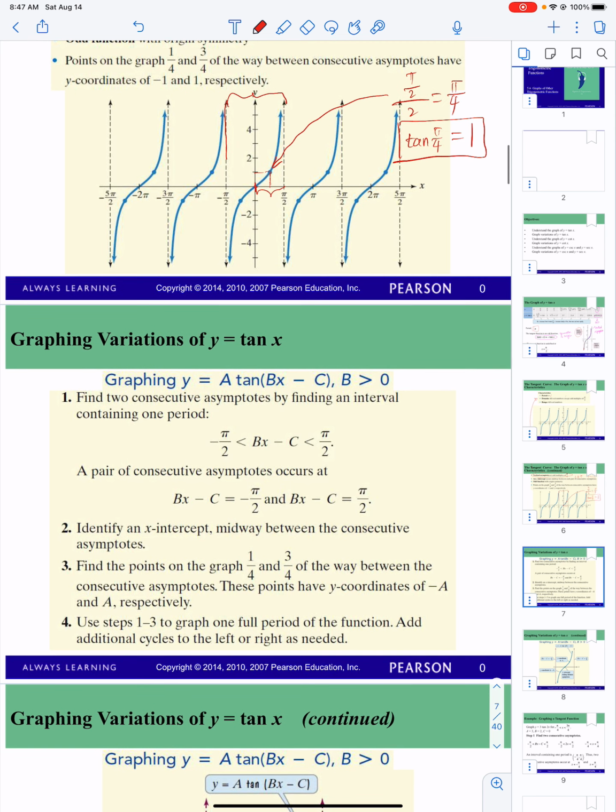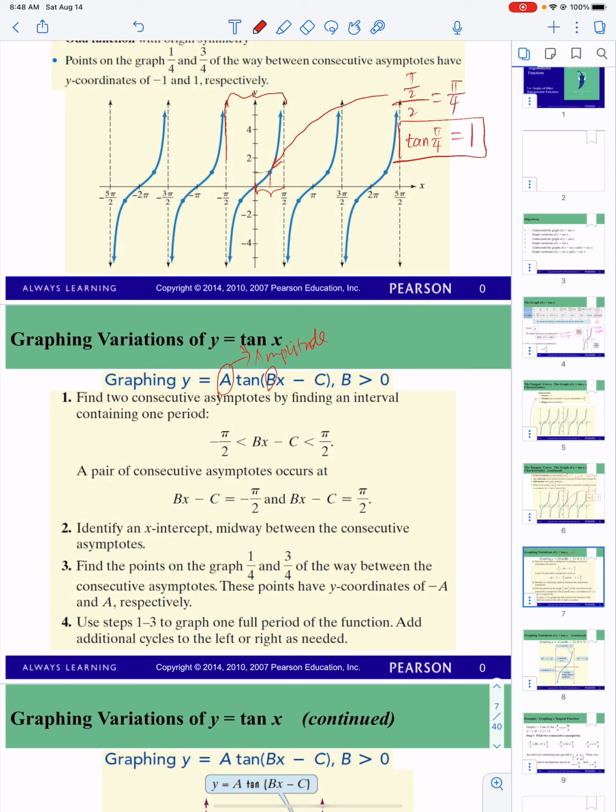Okay, so now let's look at graphing y equals A tangent of Bx minus C, with B bigger than 0. As before, A is like the amplitude.